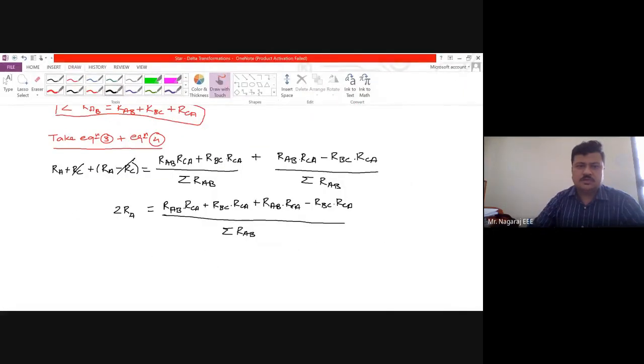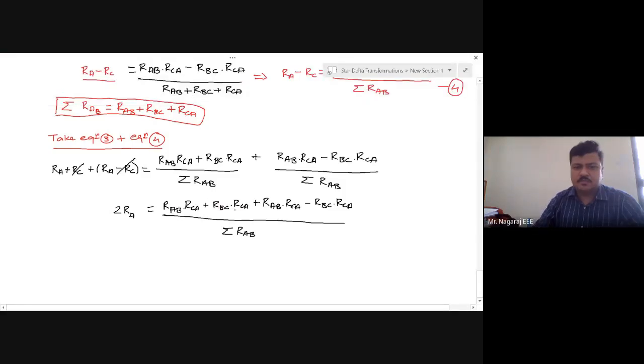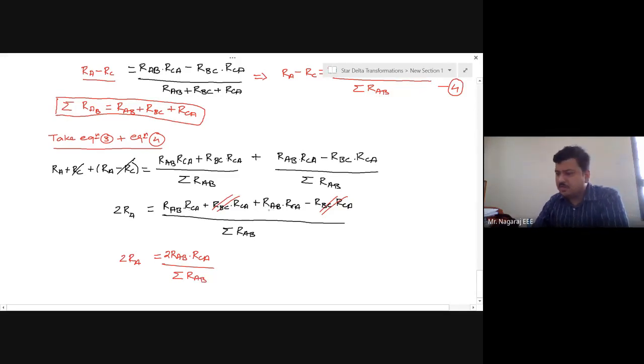So here on the RHS, some terms will cancel out, plus RBC RCA minus RBC RCA will cancel out. Okay, so on the RHS, what we get is 2 RA is equals to 2 RAB RCA divided by summation RAB. So it is RAB into RCA plus RAB into RCA. Take this as equation 5.